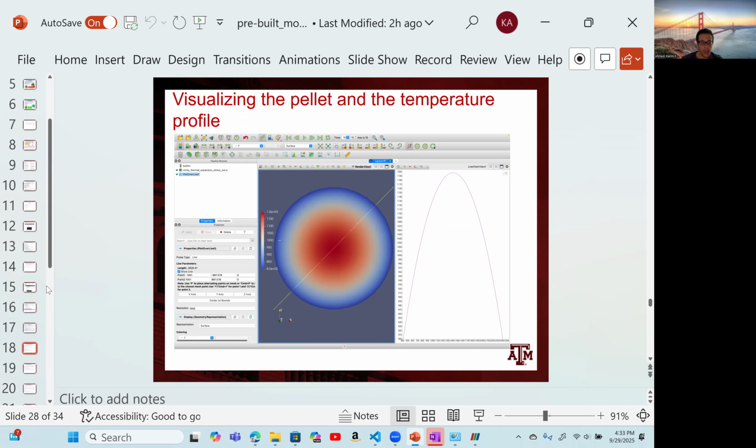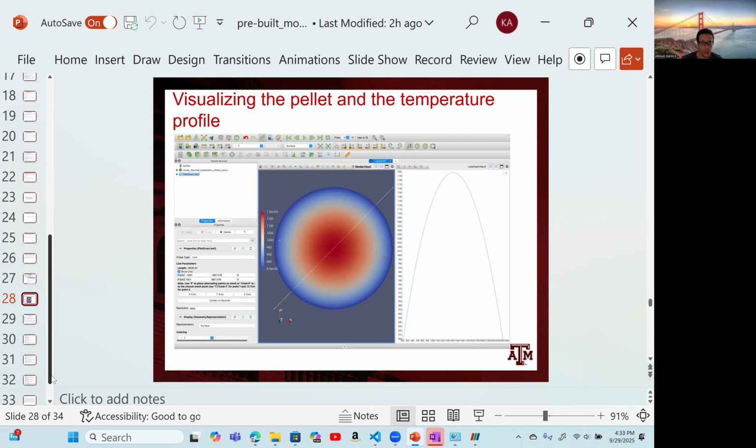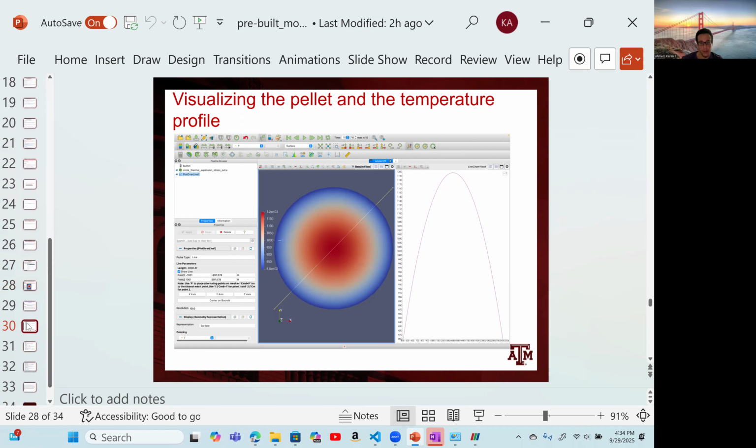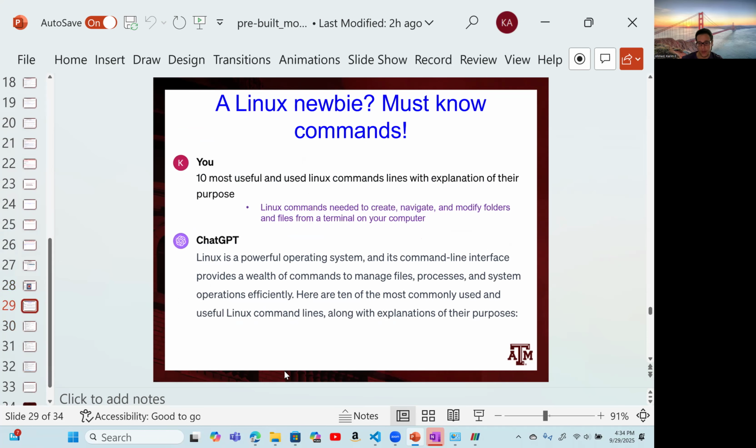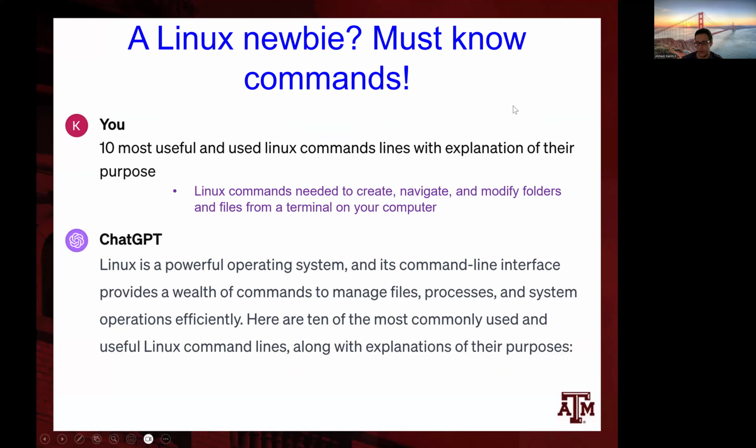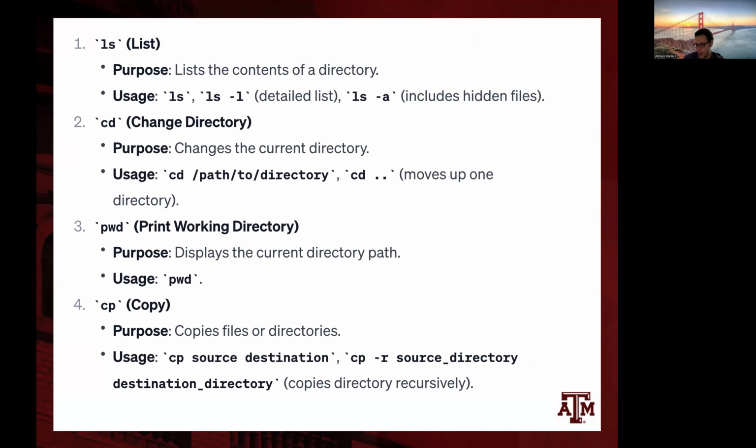One thing to keep in mind, if you are new to Linux, you can look up the most used commands to run from a terminal, especially the ones needed to edit or modify different files or folders. The command that you absolutely should be familiar with is the one to list things.